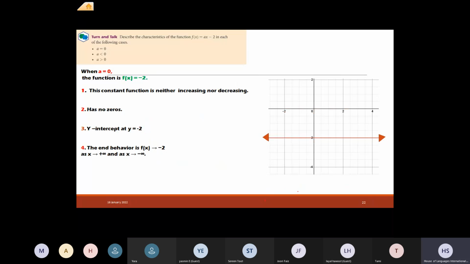Okay. Now, let's summarize or describe the characteristics of the function f. It is constant, decreasing, and increasing.